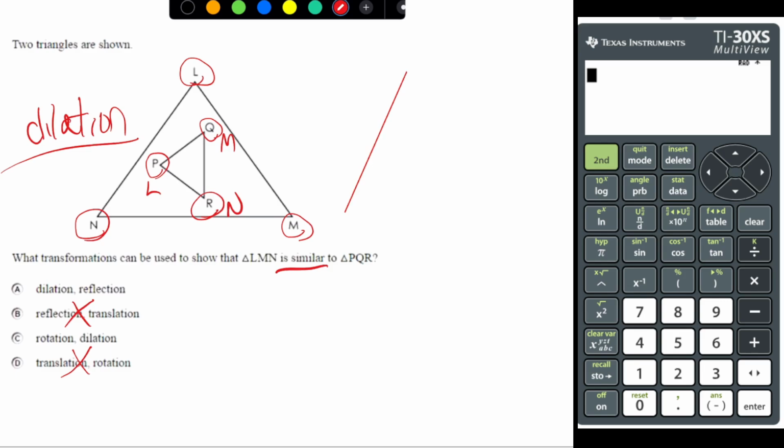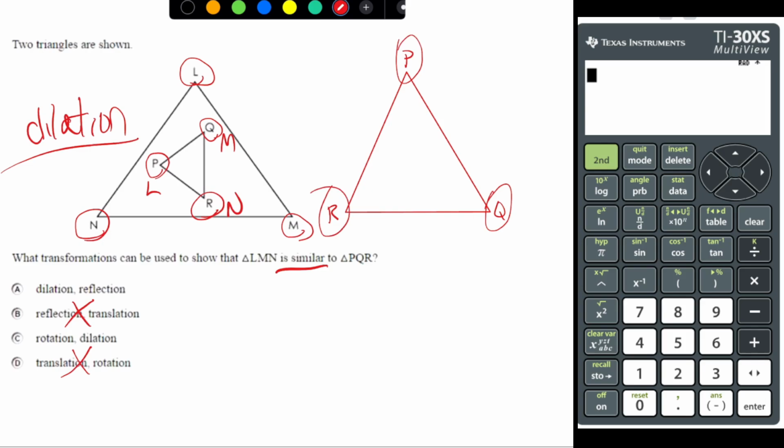I know this is easier for me to do because I have an iPad and I can actually just draw a shape and rotate it. But let's say that I have shape P, Q, and R. If I reflect it, I will just end up with Q still on the left, P at the top, and R all the way on the right.